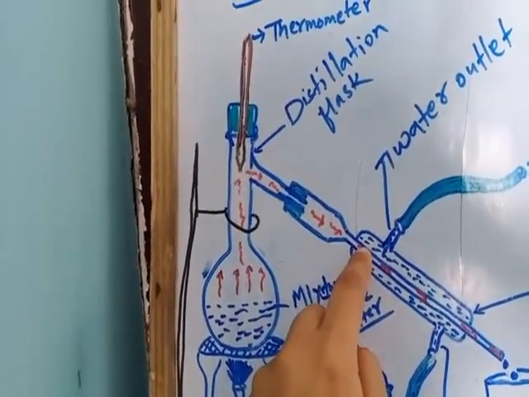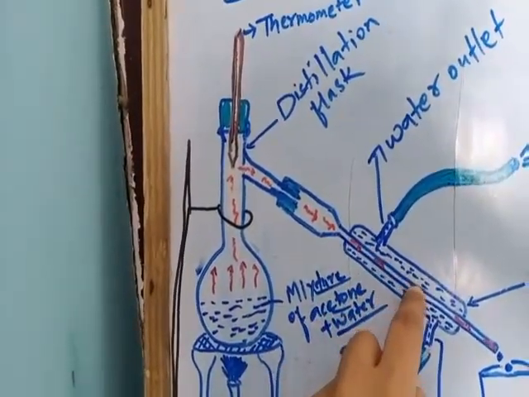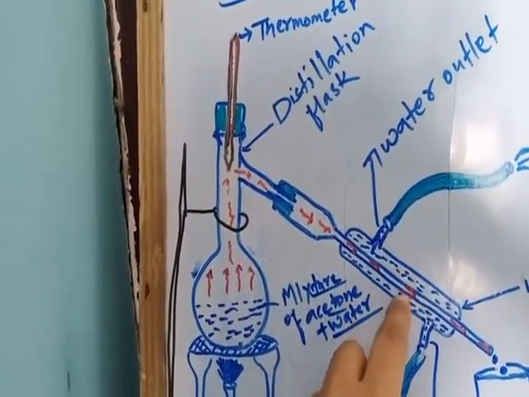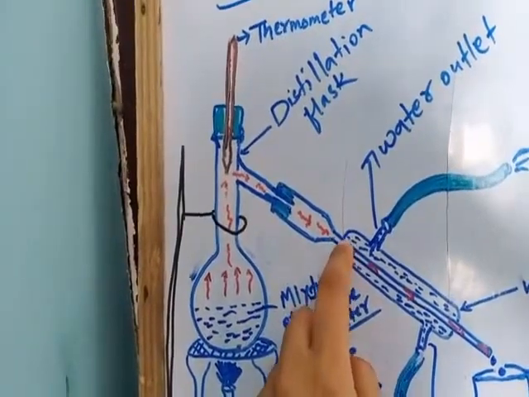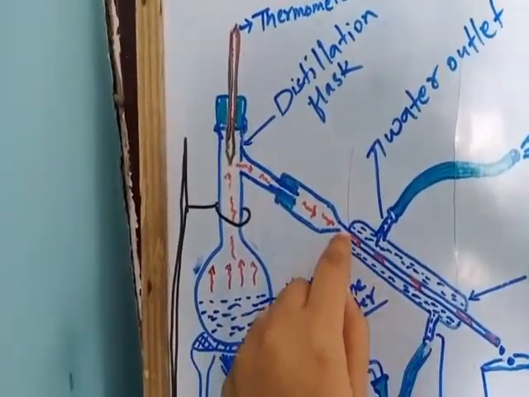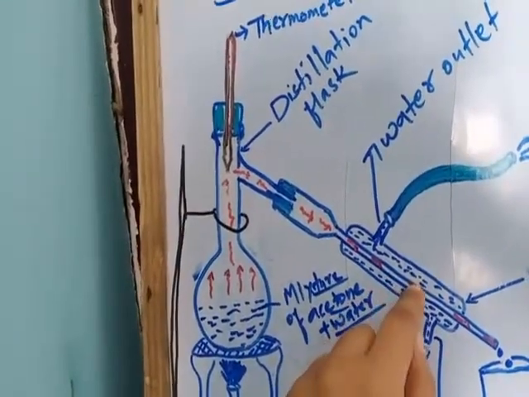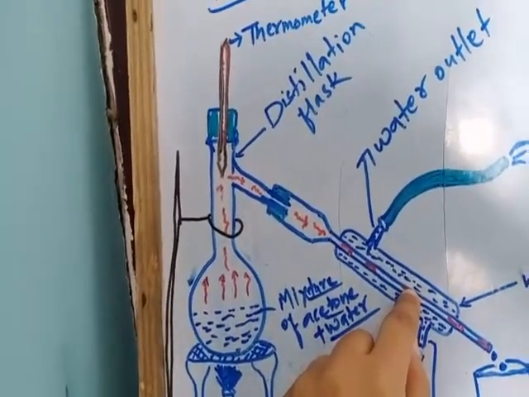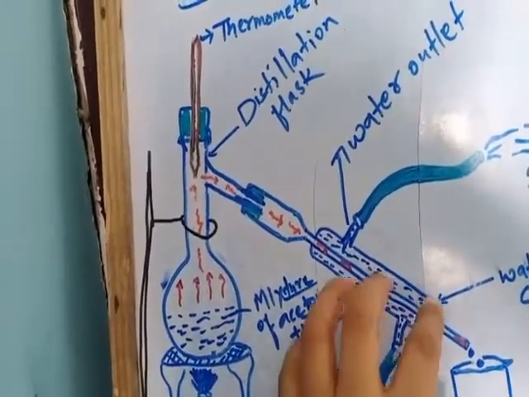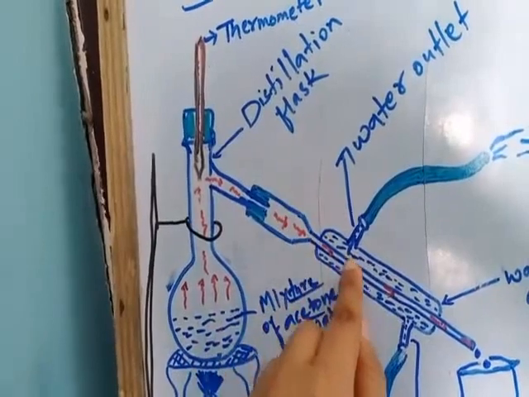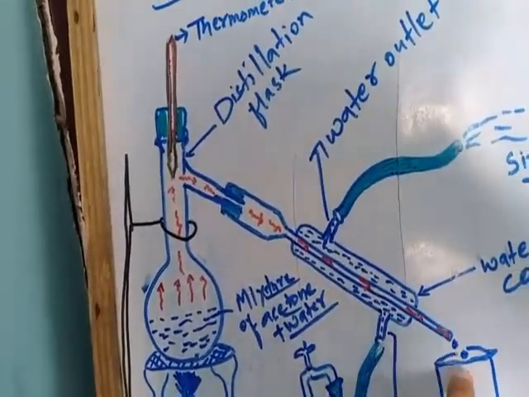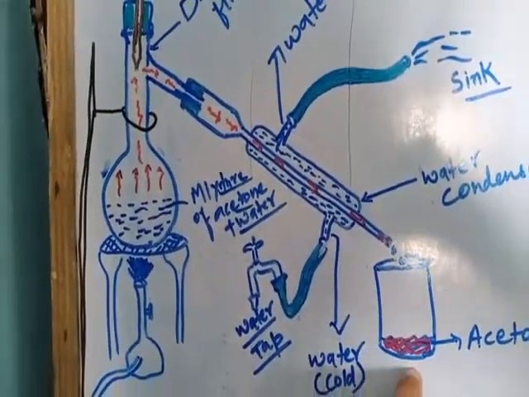When all the vapors of the acetone enter the condenser chamber, because the tube is getting a continuous supply of water on its surface, the inner tube is cooled. So the vapors coming into this tube also start getting cooled and condensed and convert into liquid state, and we can see the acetone vapor converting into liquid acetone, which can then be collected into the beaker.